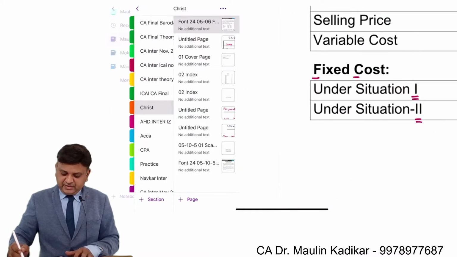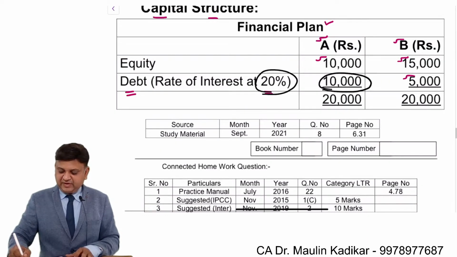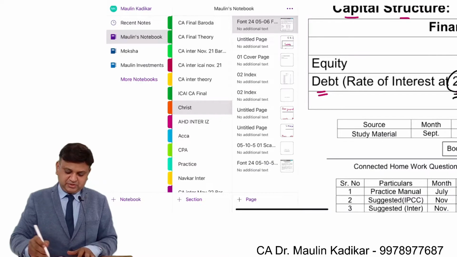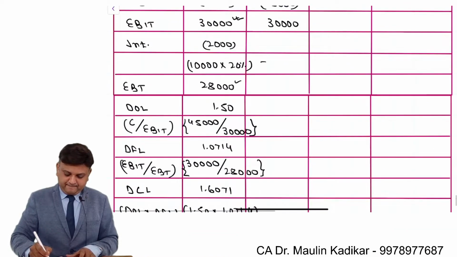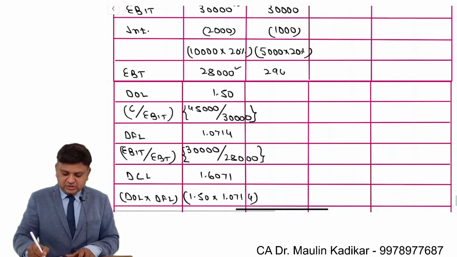In case of plan B, debt financing is 5,000 and the rate of interest is again 20%. 5,000 into 20% comes to 1,000. So EBT is 29,000.